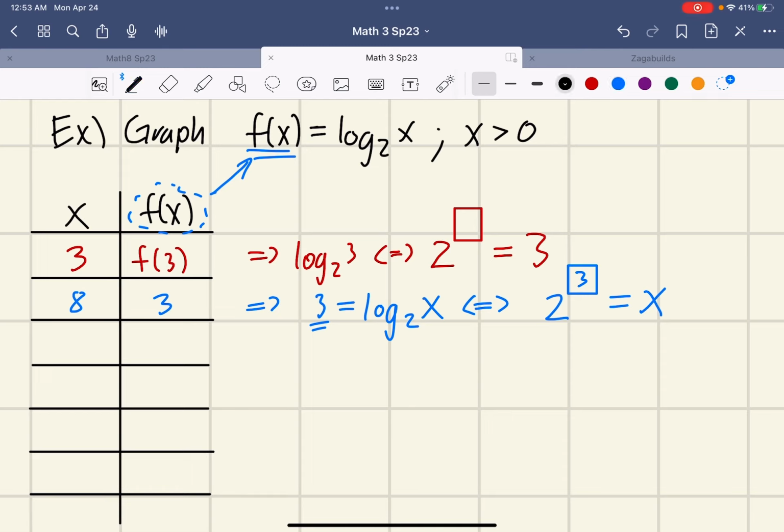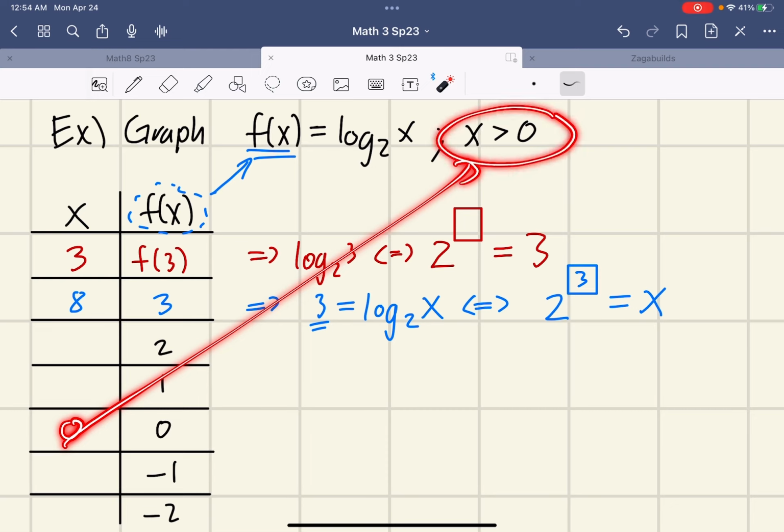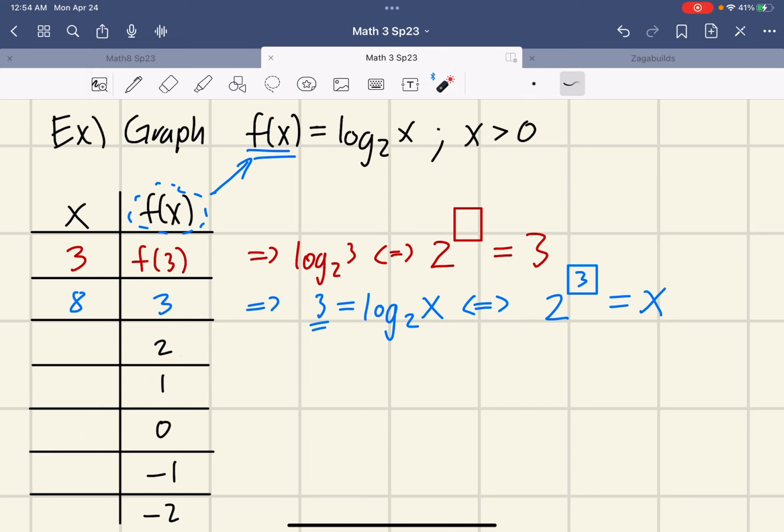Some other common numbers we use: 2, 1, 0, -1, -2. All very common numbers that we choose for x. But another example, 0 is a very common number we use for x, but we remember that 0 cannot be used in our argument.